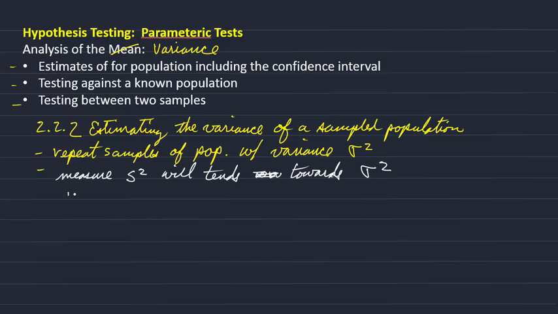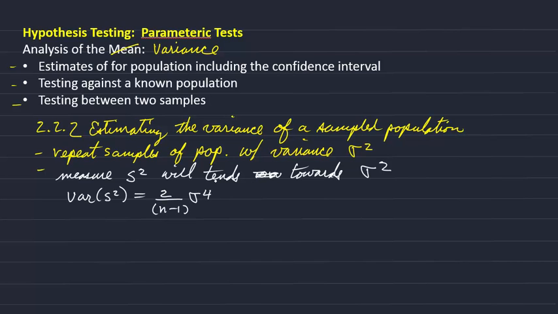And the variance of our sample variances will approach 2 over n minus 1 times the variance of our population squared. So that's sigma to the 4th.